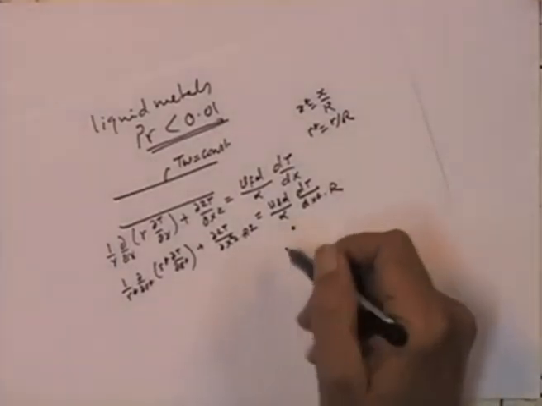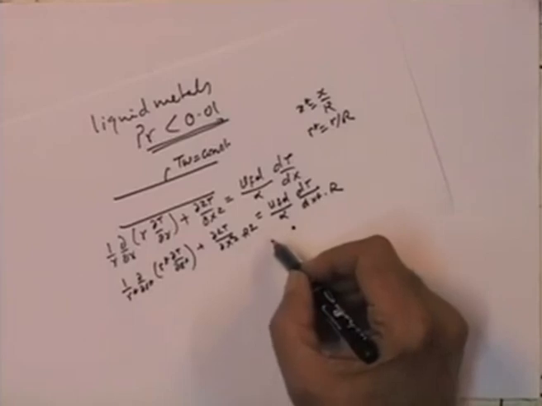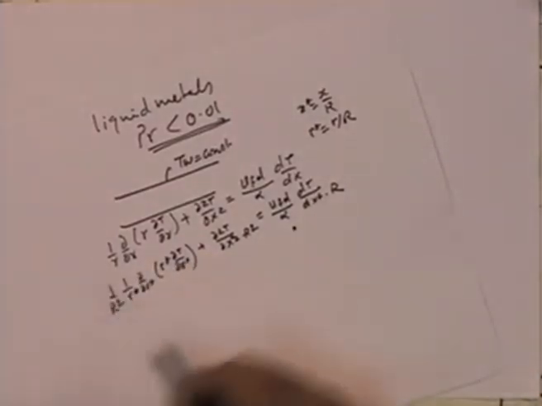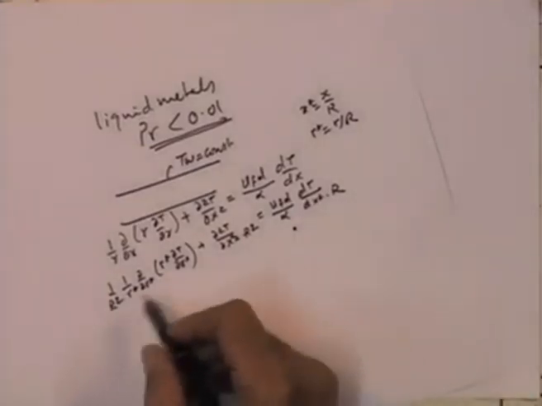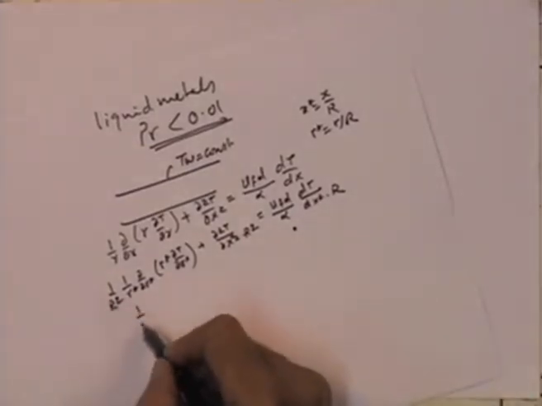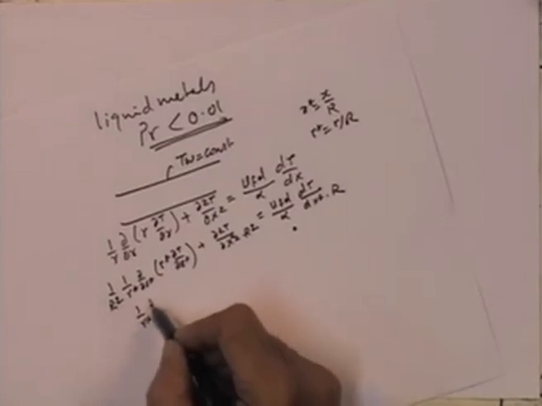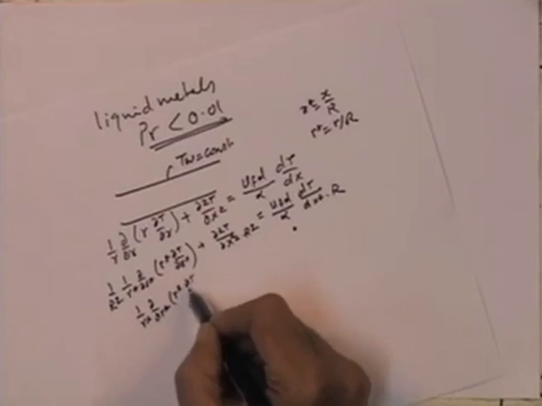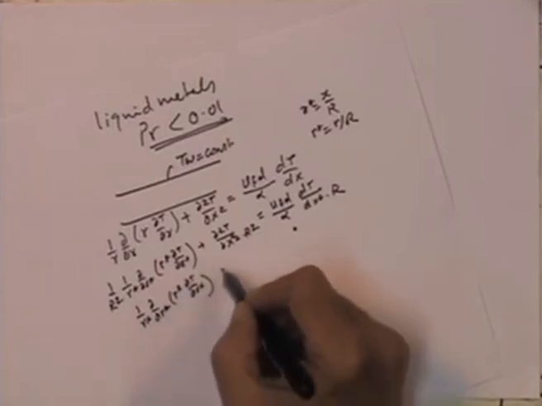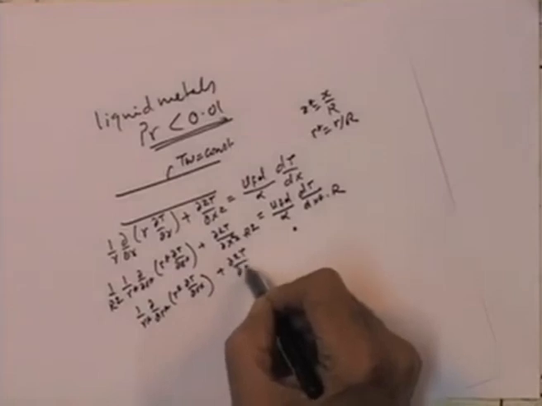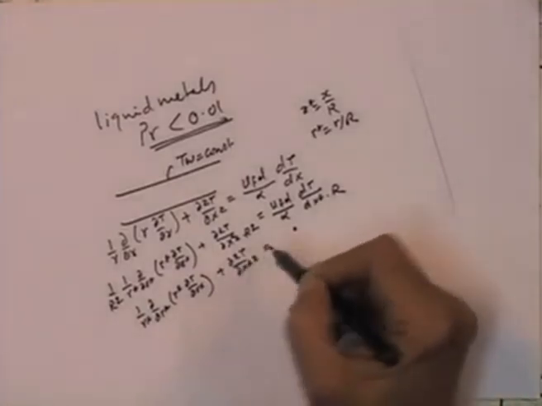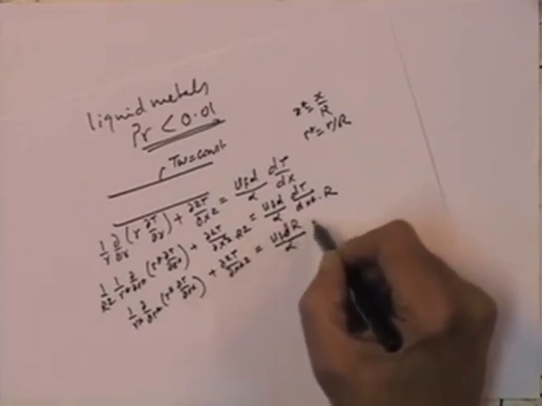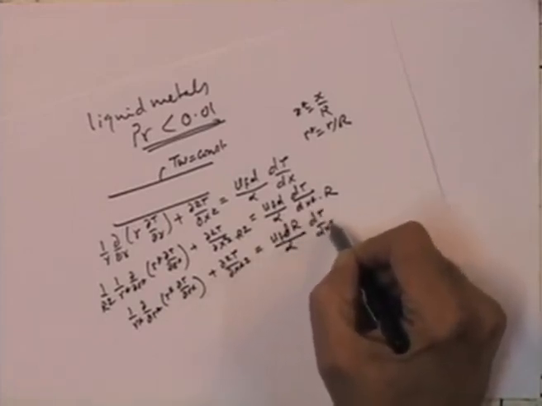And you will see that there would be 1 over r star here also. So, if I multiply through by r star r square, then this becomes d by dr star into r star dt by dr star plus d2t by dx star whole square equal to UFD r divided by alpha dt by dx star.